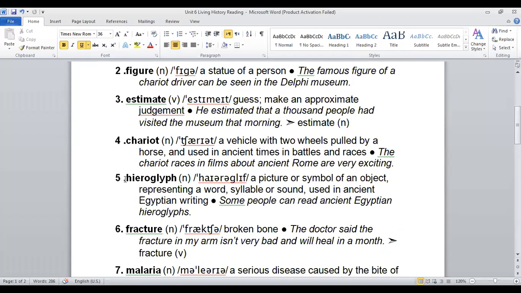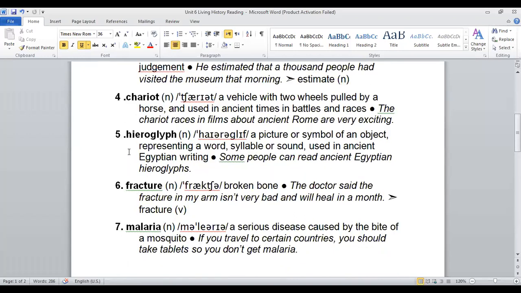Number five, hieroglyph. Hieroglyph means a picture or a symbol of an object representing a word, syllable, or sound used in ancient Egyptian writing. Number six, fracture. Fracture means broken bone.